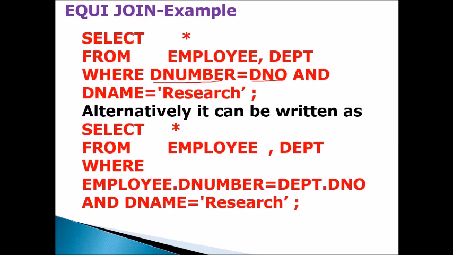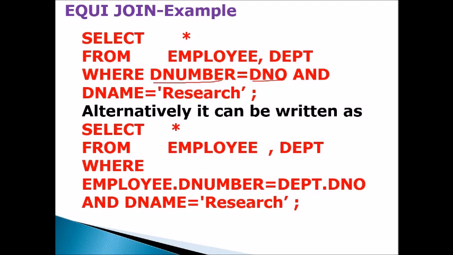There you have to write employee dot DNO is equal to DPT dot DNO. But here, because the column names are different, suppose this D number is in employee and DNO is in DPT, so these are two different columns, so they can be written like this, and D name is equal to research.